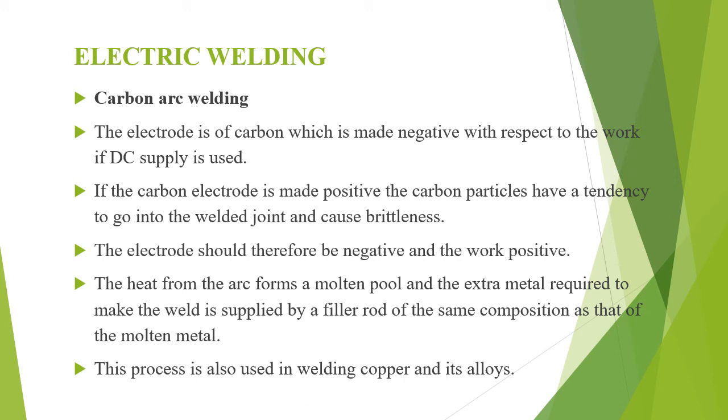Therefore, the carbon electrodes are made negative and the workpiece is made positive. The heat from the arc forms a molten pool of metal and the extra metal required to make the weld is supplied by the filler rod material, which is of the same composition as that of the molten metal. This process is used in welding copper and its alloys.